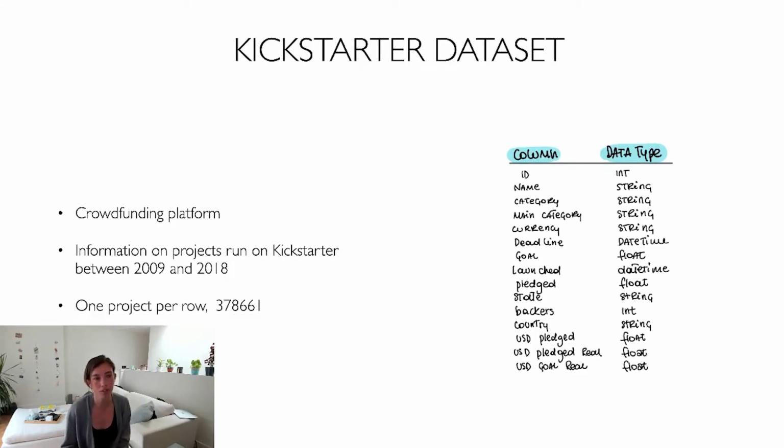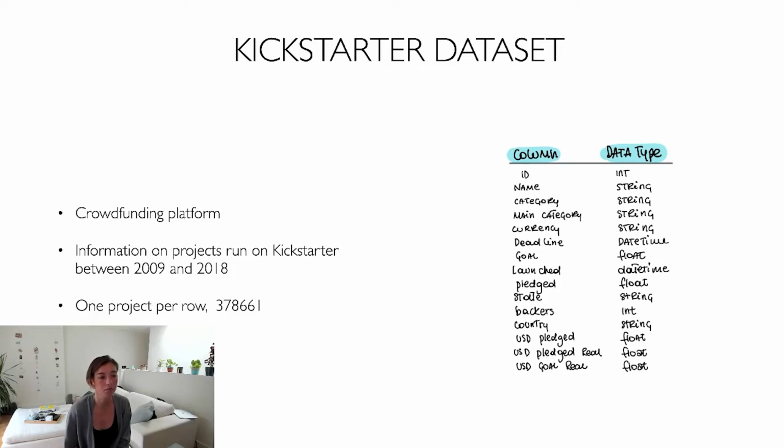For the next part of the talk, I will go over an example and show how you would go about creating some features and training a model on a data set. I'm going to use the Kickstarter dataset. It's publicly available on Kaggle.